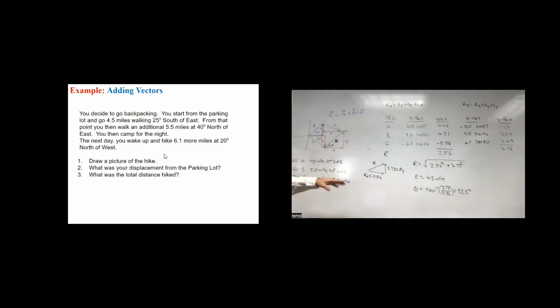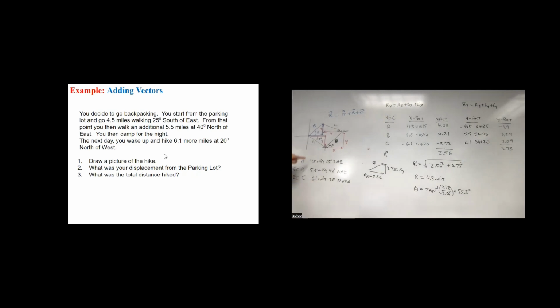Now, that was for the displacement. If they also asked us for the distance, how would we get it? What was our definition of distance? Distance is the path taken.